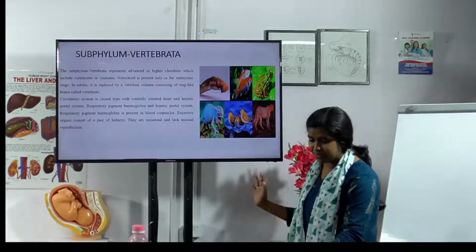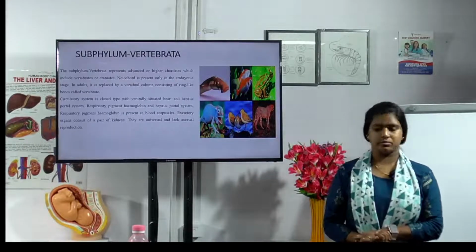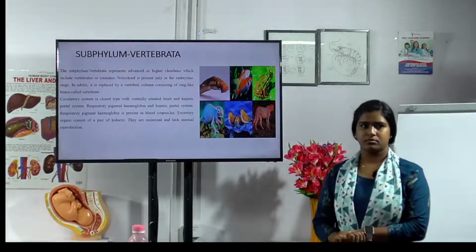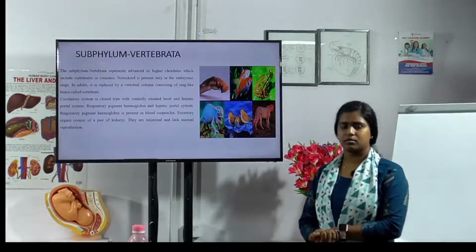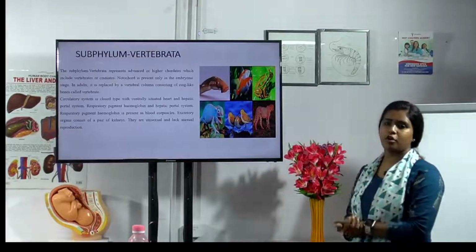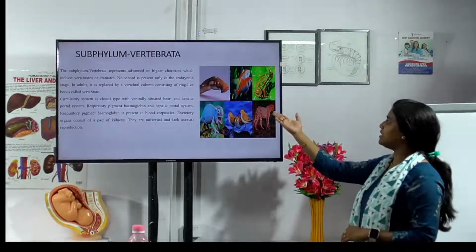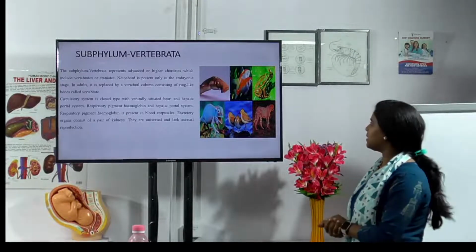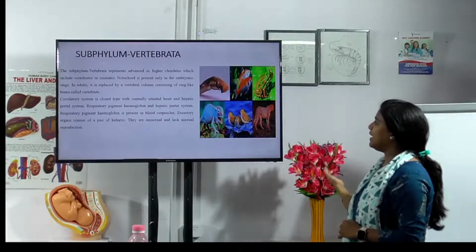Next subphylum is Vertebrata. What is vertebra? With backbone. Yes. It represents the higher chordates, which includes the vertebrates or craniates. The notochord is present only in the embryonic stage.